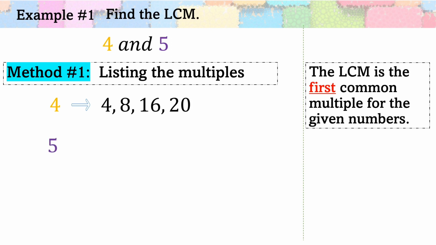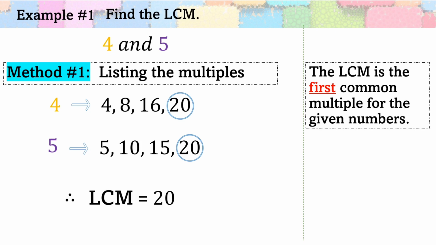Then for 5, we have 5, 10, 15, and 20. Stop listing the multiples once you have reached their first common multiple, the smallest common multiple of both numbers. Therefore, their common multiple is 20. So that's the LCM.